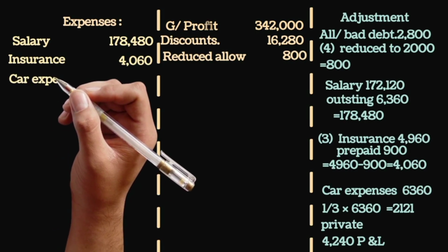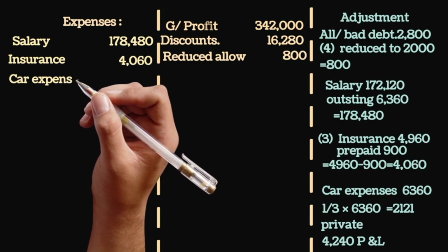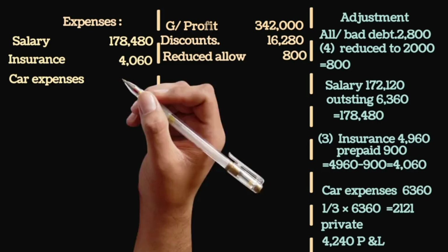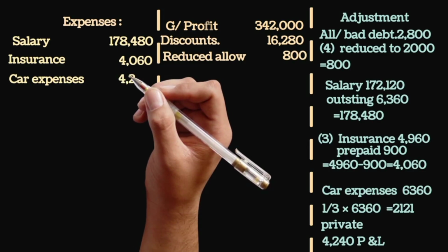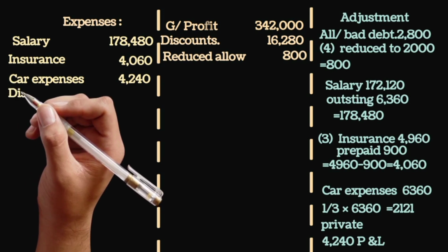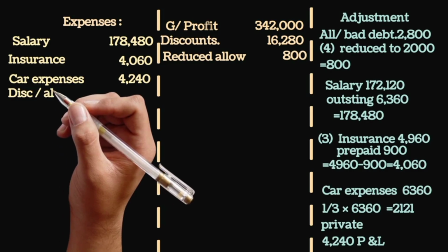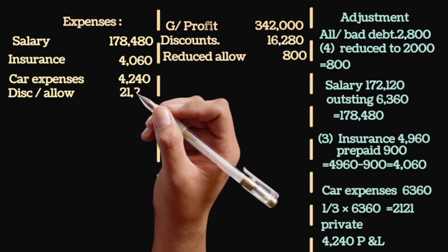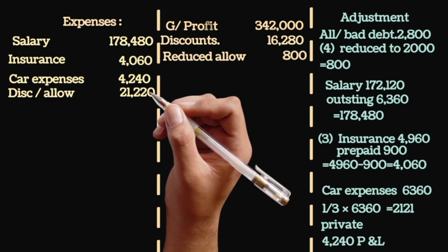So the other part that is for the business is the two thirds, which is 4,240. So the car expenses here now is 4,240, while the other one is going to drawings in the balance sheet. That is to say, 2,120 becomes drawings and is going to the balance sheet.